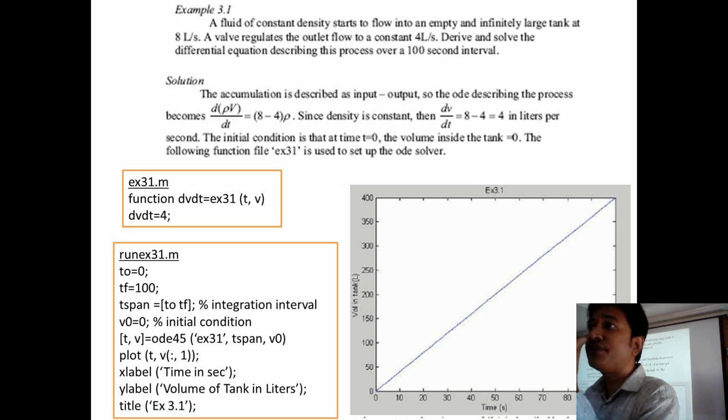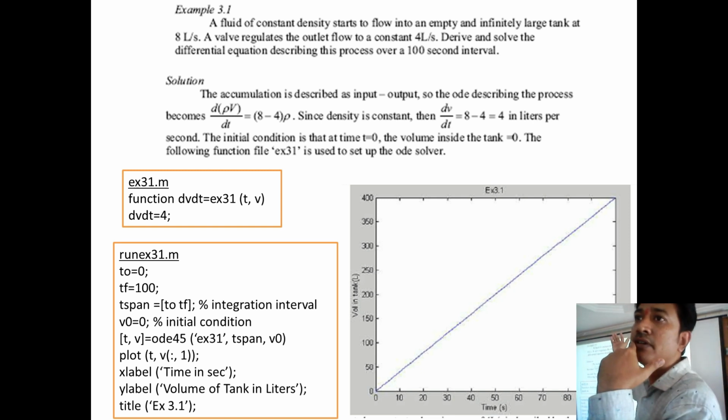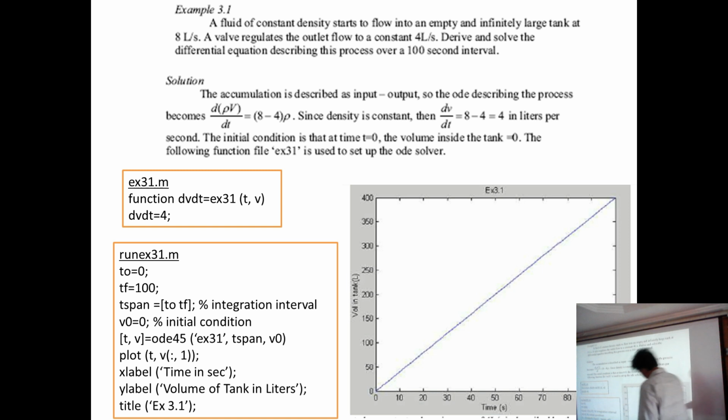He wants to see the derivation and then ultimately the solution of the differential equation for a span of 100 seconds. So I have solved and I plotted. The plot says when I increase the time, the volume increases. If I go from 0 to 100, my volume increases from 0 to 400 liters.